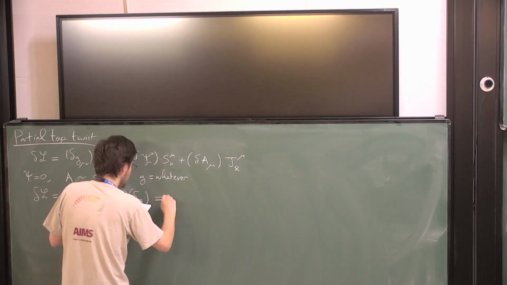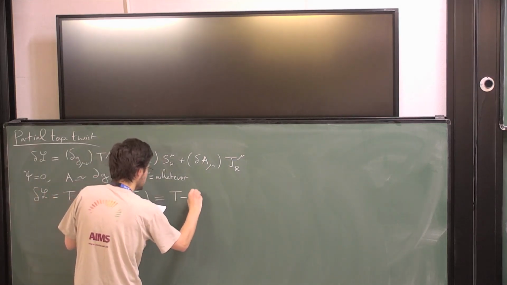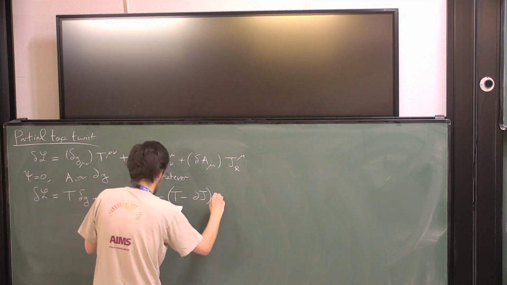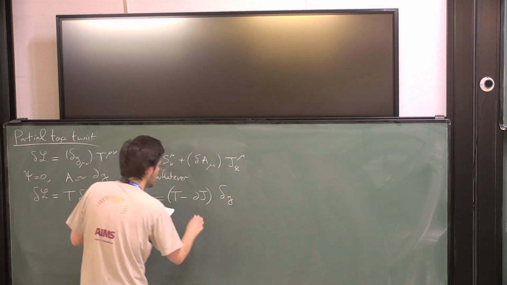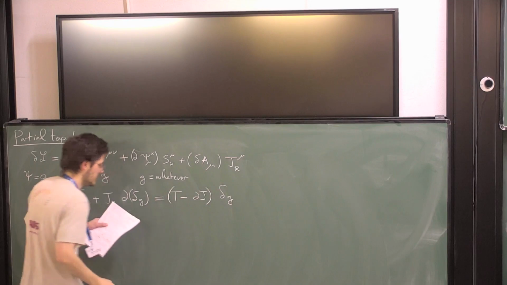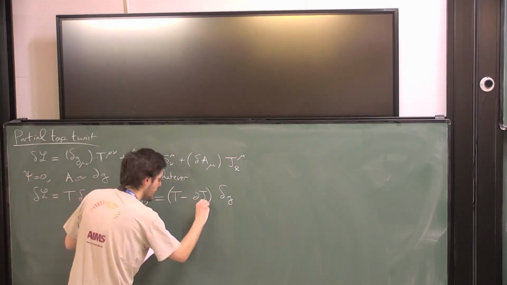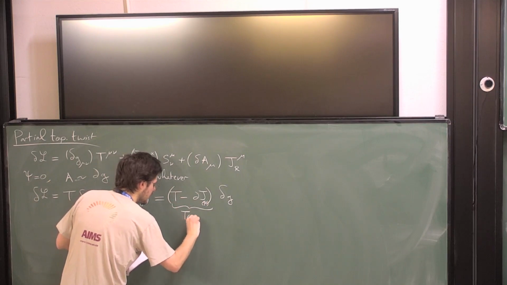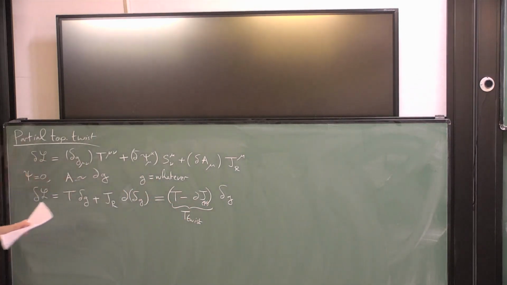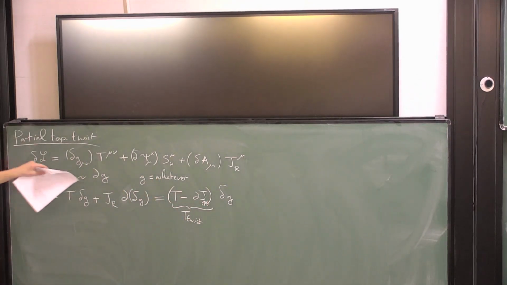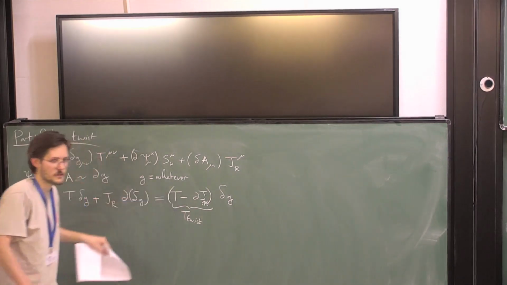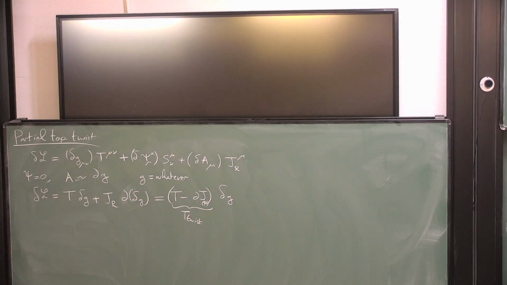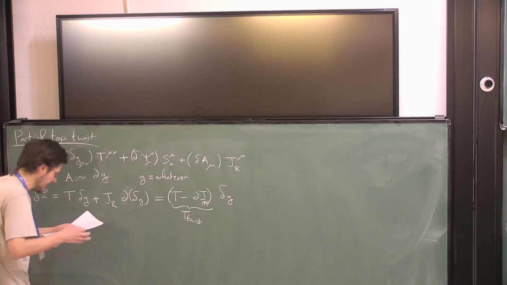Up to total derivatives, this is the same as coupling a different stress tensor to a variation of the metric. This is called the twisted stress tensor. So choosing this particular background with a non-trivial R-symmetry background is the same as changing the stress tensor and then coupling the theory normally with the background metric.